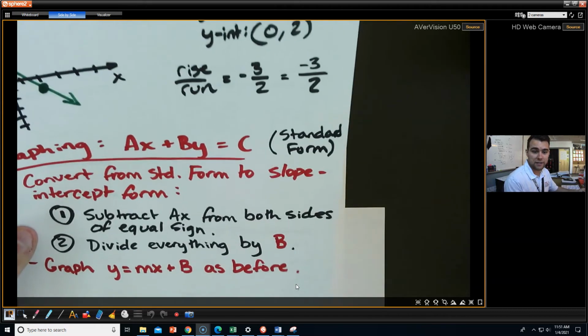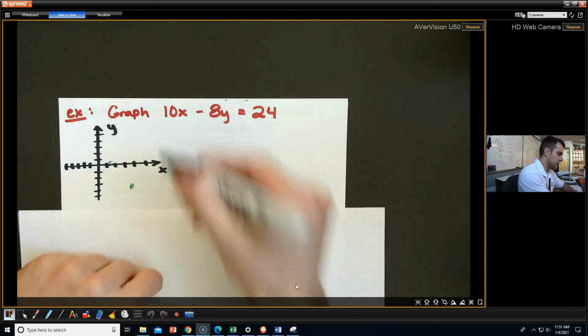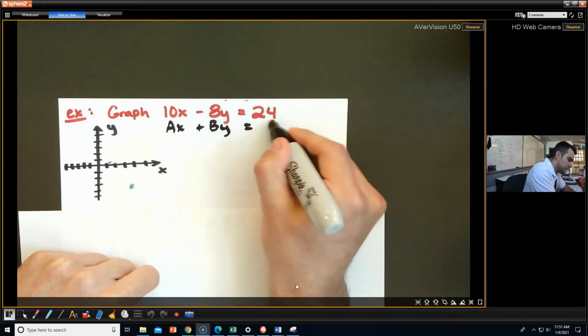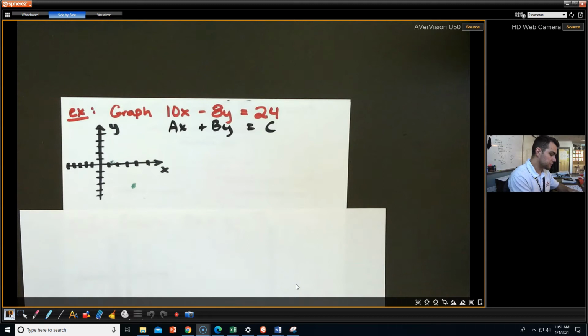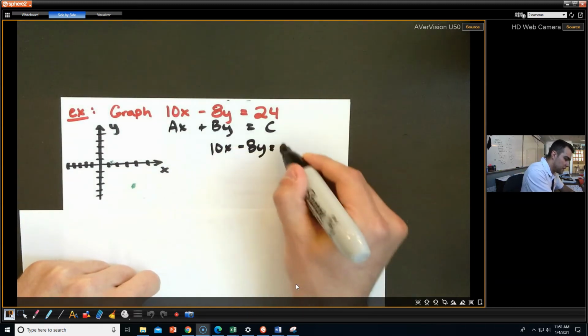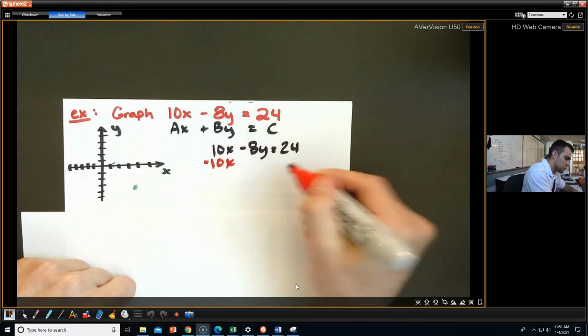Subtract ax from both sides of the equal sign. Again, this is of the form ax plus by equals c. So I'm going to subtract both sides by 10x. I'm going to rewrite that to the side, so you can see how the math breaks down, so you're not just wondering how I did that. Well, this is how I did it. Subtract 10x.